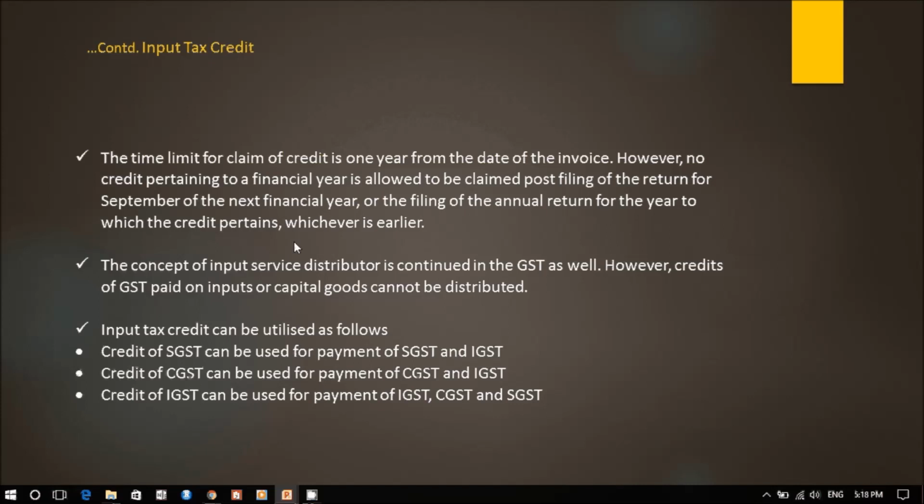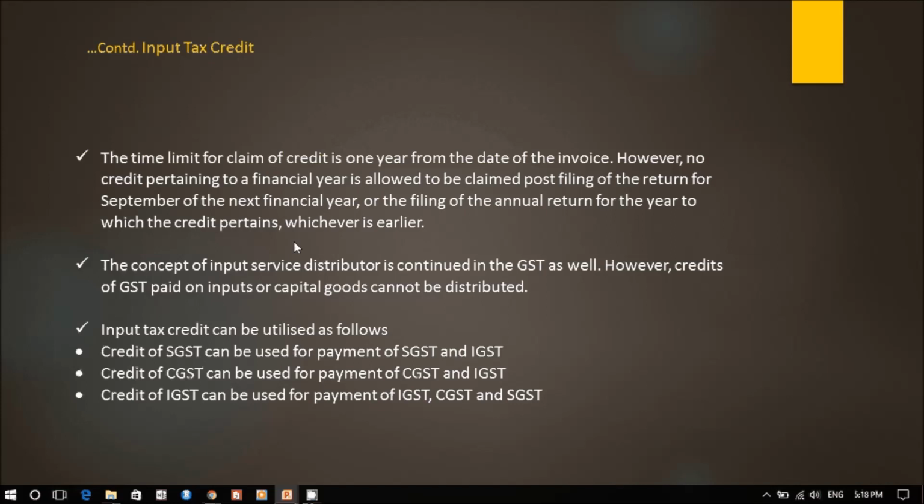Normally ITC claimants have to file periodical returns, monthly or quarterly, but they are required to file annual returns as well. So if the annual return of the financial year to which the invoice belongs has been filed, then you will not be able to take the credit of that invoice.